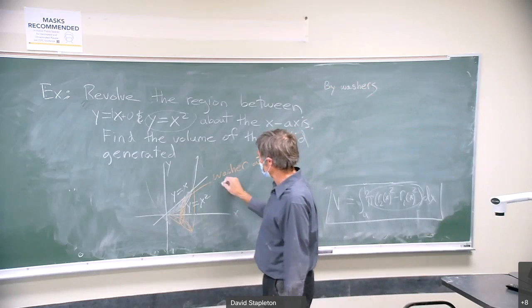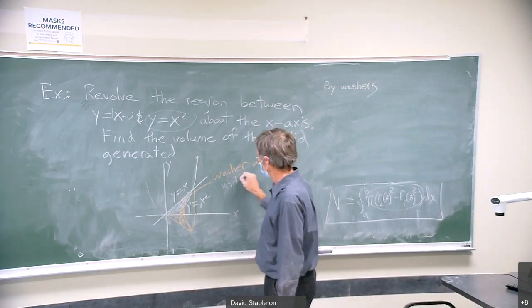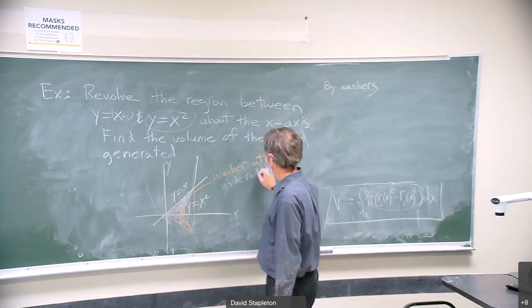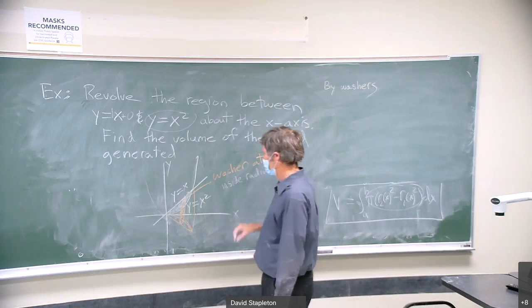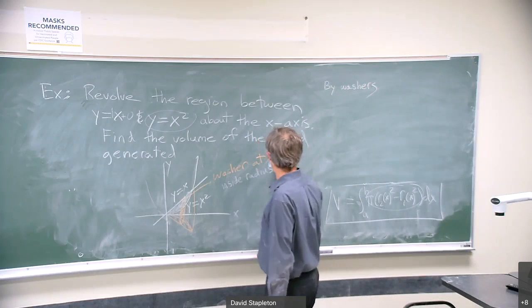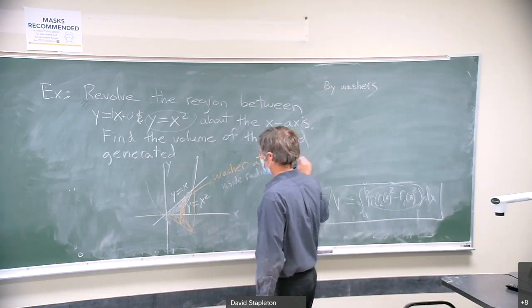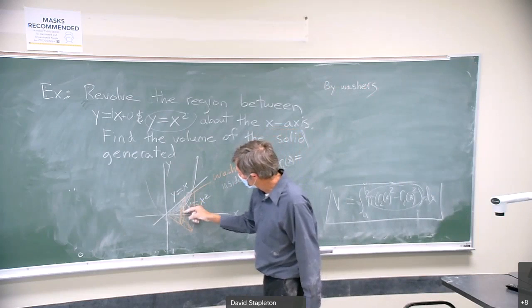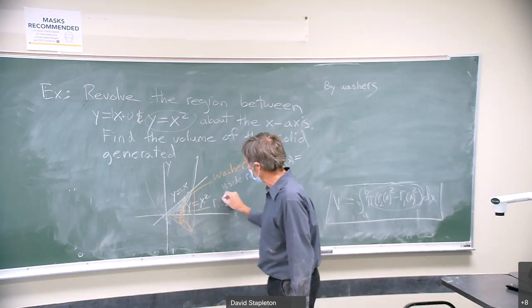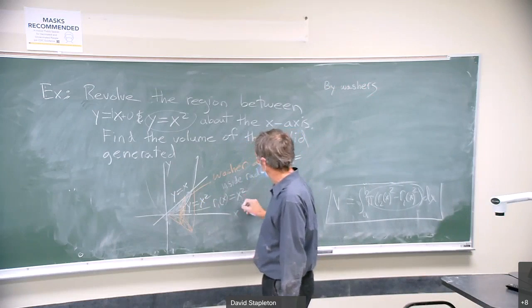Washer at x has inside radius what? Well, you look at it, it's this one. R1 of x is the height of x squared, so it's equal to x squared.